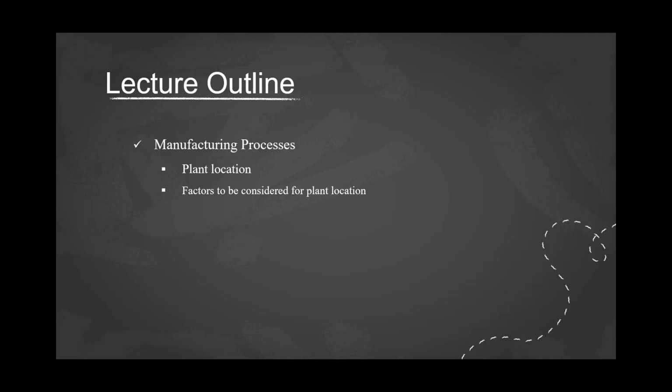We will also deep dive into the details of urban area, rural area, and suburbs areas. We will discuss pros and cons of each site. Then we will have plant layout. We will explore 4 major types of plant layouts. So that was it. Let's get started.